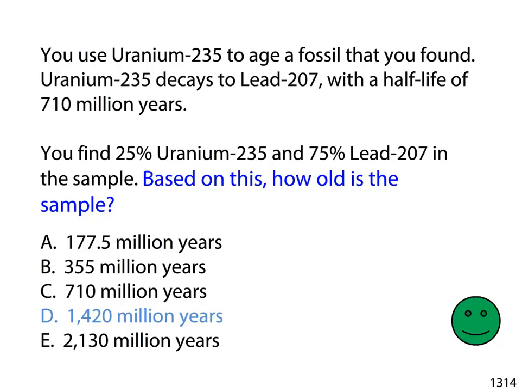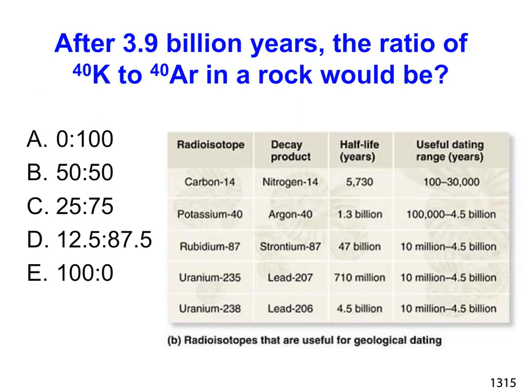Hopefully this should make sense. If not, let me know. You've gone through two half-lives here. You're not just down to 50% uranium, because that would be one half-life, and then you lose half of that, which takes you down to 25% uranium, which is why you've gone through two half-lives, otherwise known as 1,420 million years. So let's do one more of these to make sure everything's straightforward.